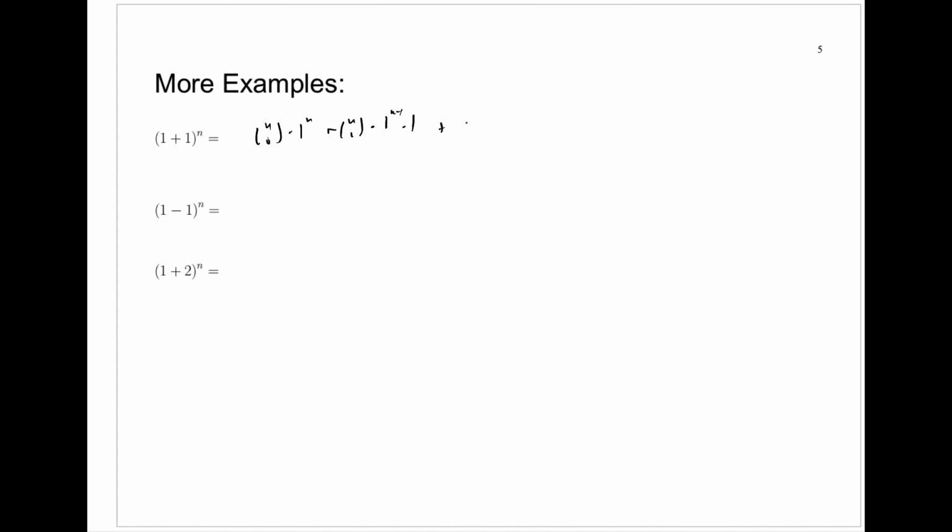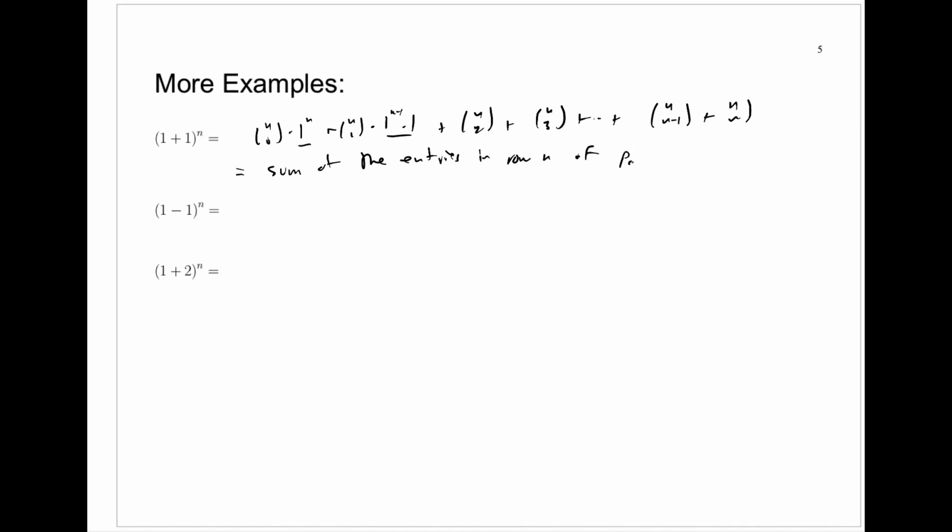These terms will always be 1, so I'm going to stop writing them. You'll have n choose 2, n choose 3, all the way up to n choose n minus 1, plus n choose n. These are, of course, always 1. So this is just the sum of the entries in row n of Pascal's triangle.